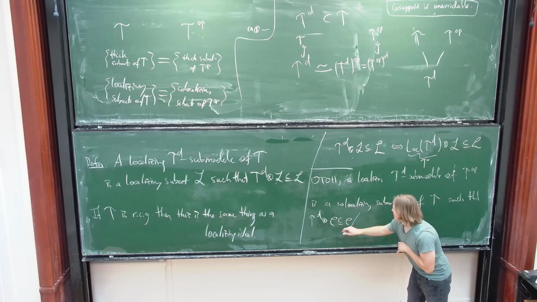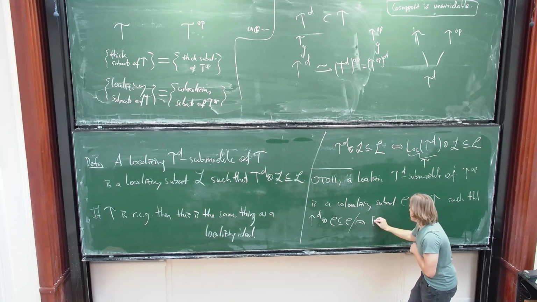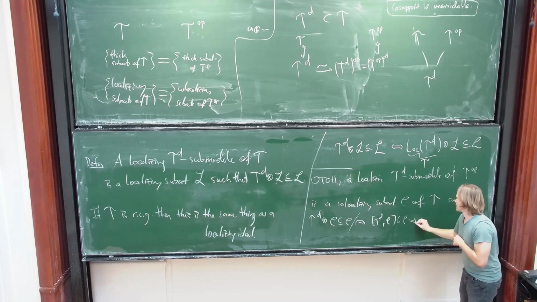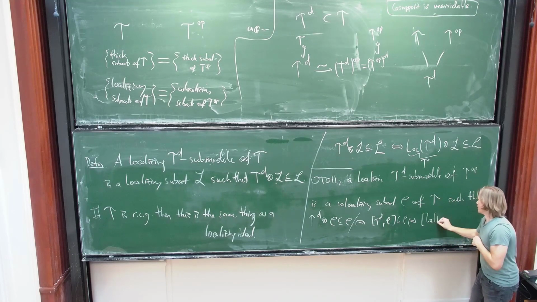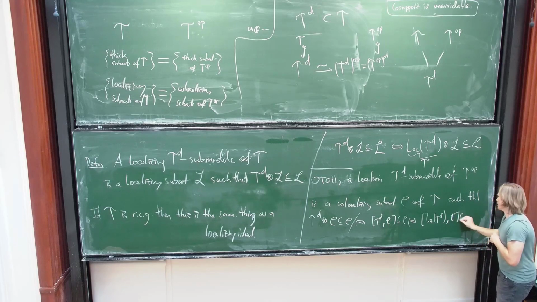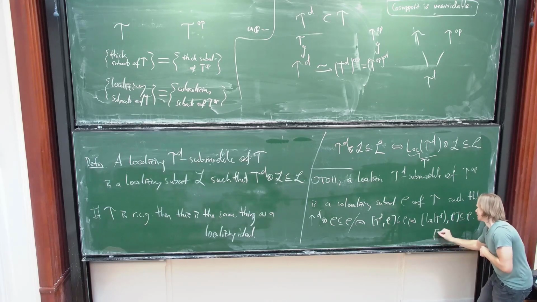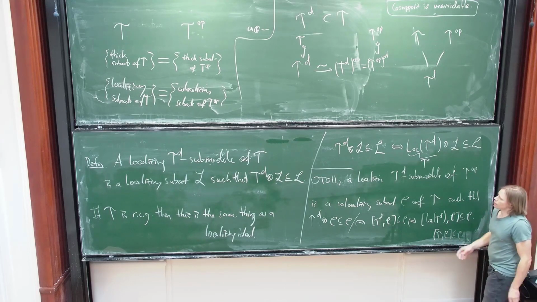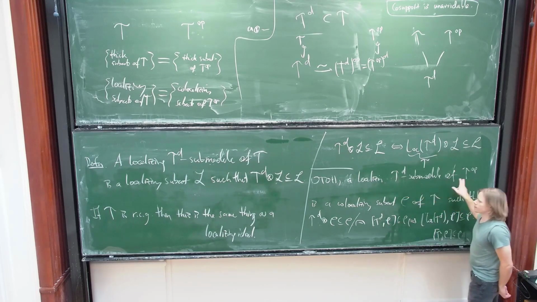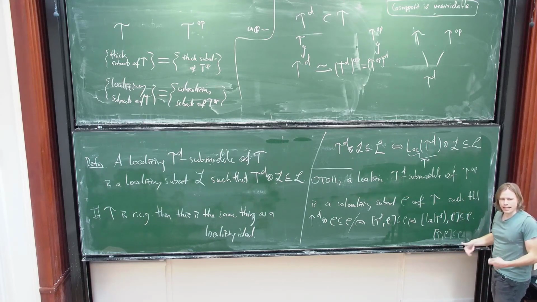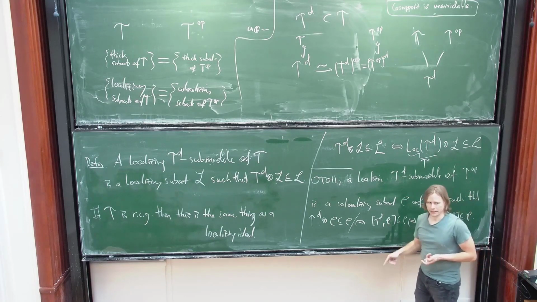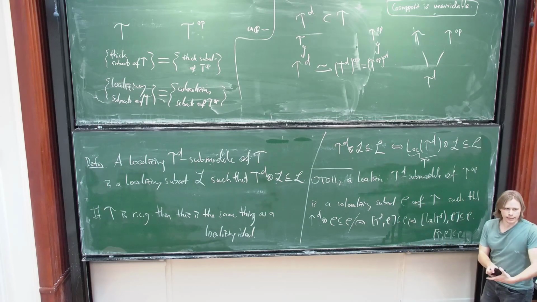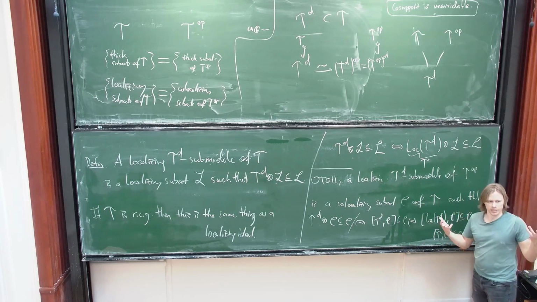So this is equivalent to saying that the internal hom of TD into C is contained in C. And same business, that's the same as saying that loc of TD C is contained in C. That's saying that T C is contained in C. Okay, so a localizing TD submodule of T op is exactly the same thing as a co-localizing co-ideal of T. So this is the perspective that allows us to unify what's going on here.